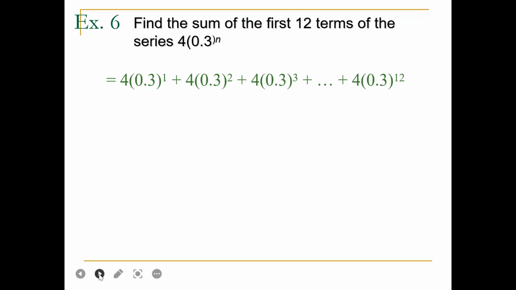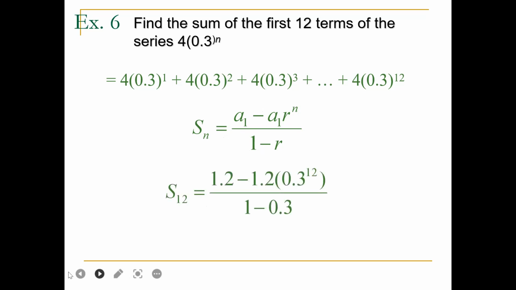Since it's a finite geometric sequence, we can find the sum, so that is the geometric series. We're going to use this formula. Again, this is just the same as a sub 1 times 1 minus r raised to n over 1 minus r. To find the sum of the first 12 terms, we're going to use this formula and just substitute the first term.